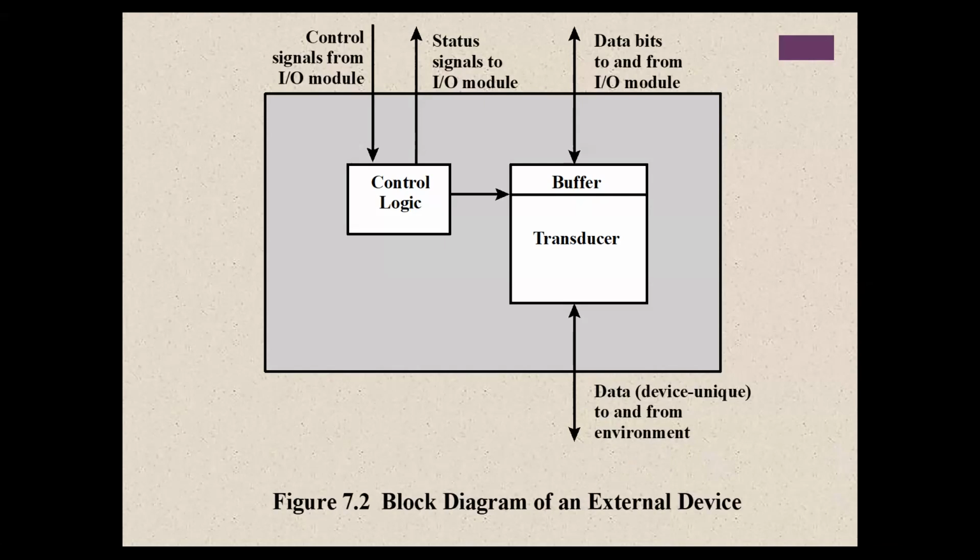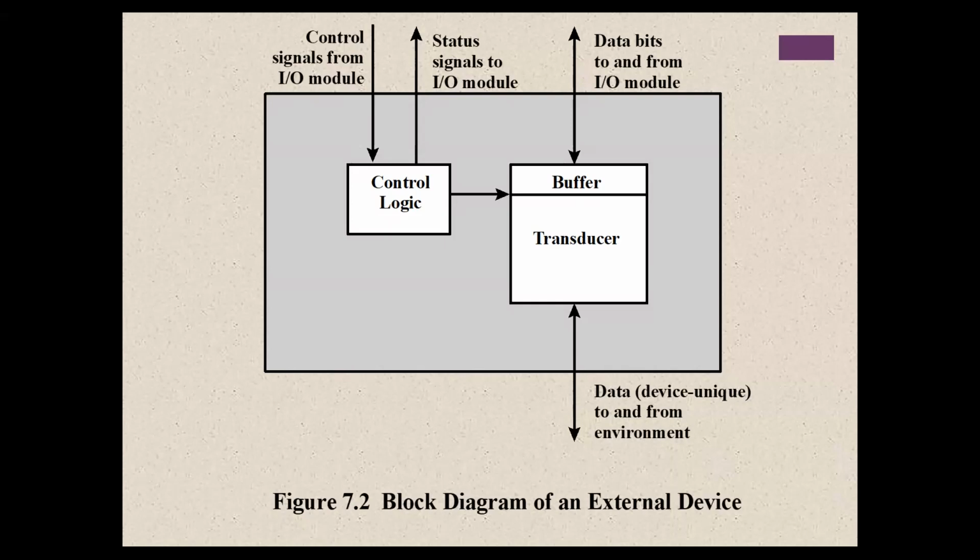Here the interface to the I/O module is in the form of control, data, and status signals. The control signals determine the function that the device will perform, such as send data to the I/O module, in which case we call it input, or a read operation, or accept data from the I/O module, in which case we call it output, or a write operation.